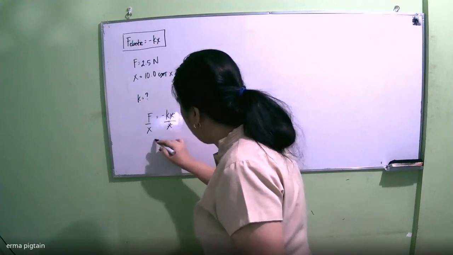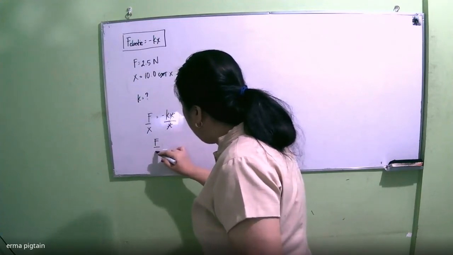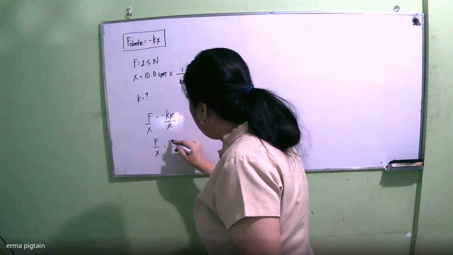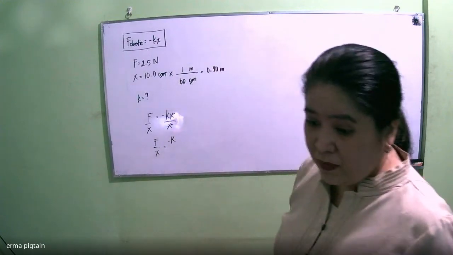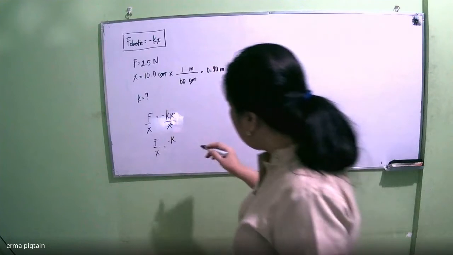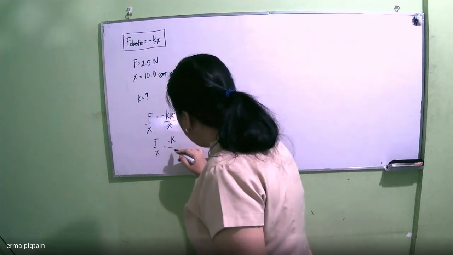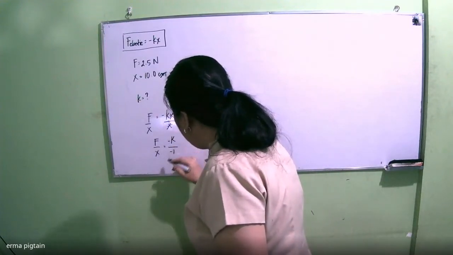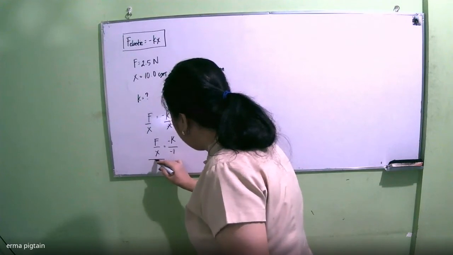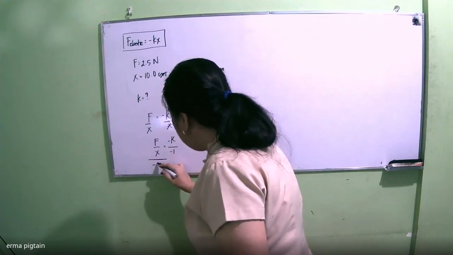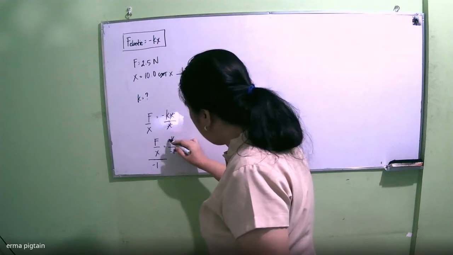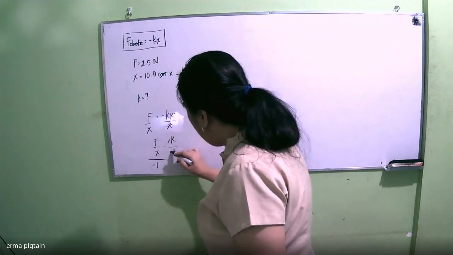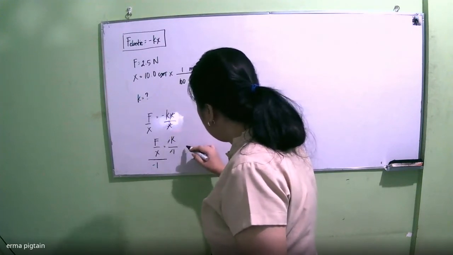So, lalabas, we have now F over X equal to negative K. Tapos, ang gawin natin, divide natin both sides by negative 1 para maging positive si K.